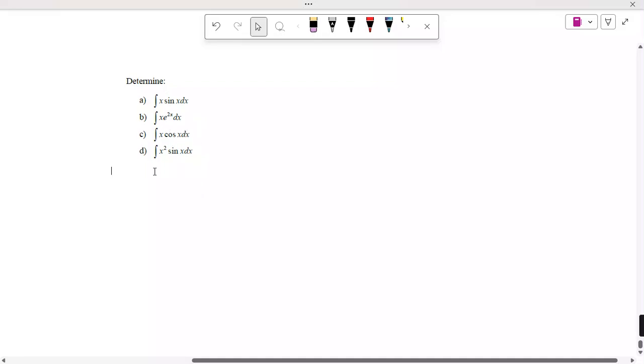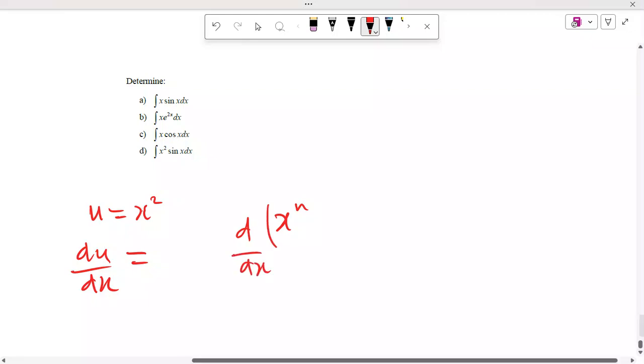Okay, so let's solve the last part. Before you start solving, how do you reduce this power here? By differentiating. So your u is x squared. Then differentiate: du over dx, differentiating u with respect to x. I've said that differentiating x to the power n gives n x to the power n minus 1.